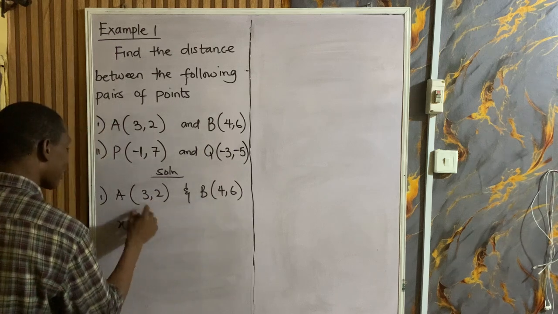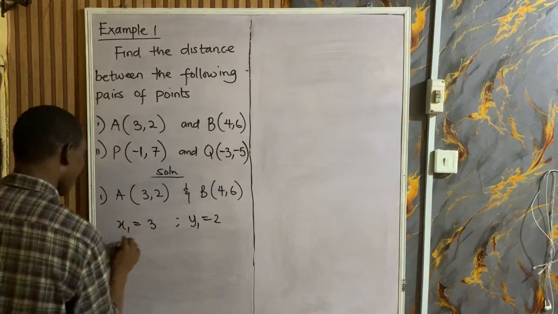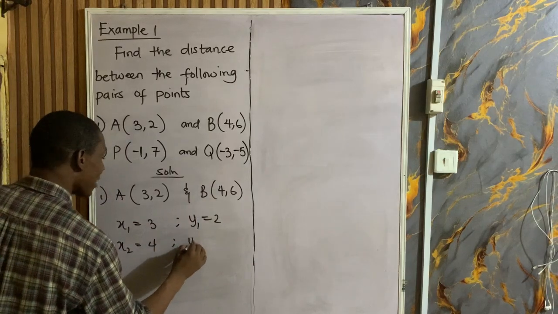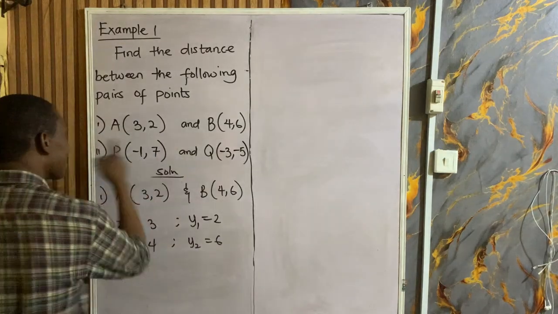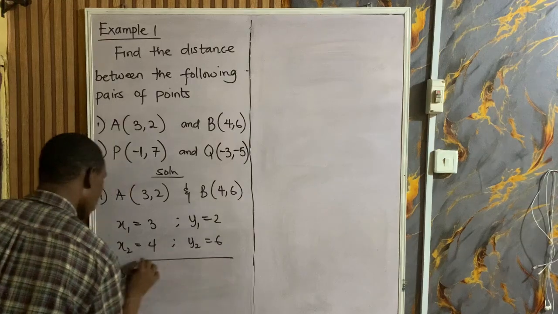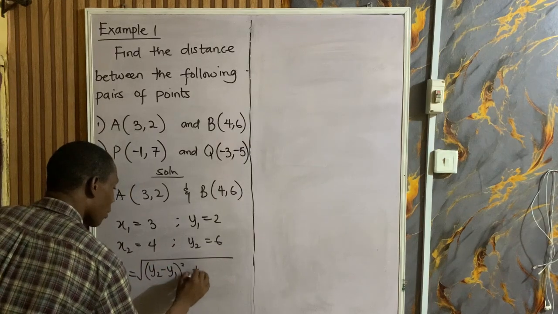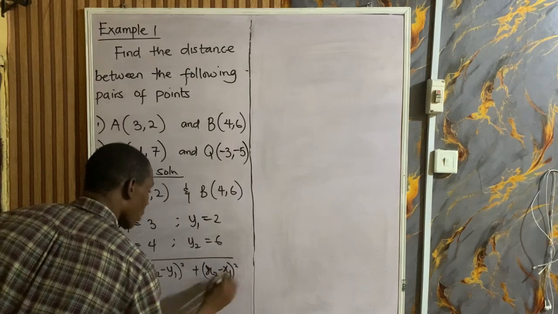So x1 is 3, y1 is 2, x2 is 4, and y2 is 6. And so we can say that the distance between A and B is simply going to be the square root of (y2 minus y1) all squared plus (x2 minus x1) all squared.